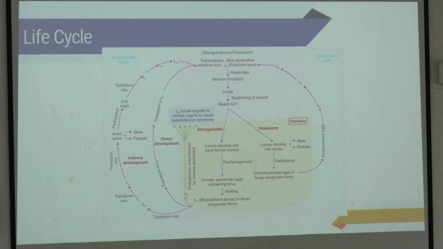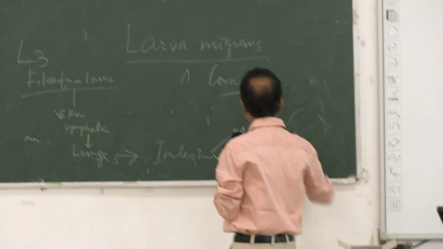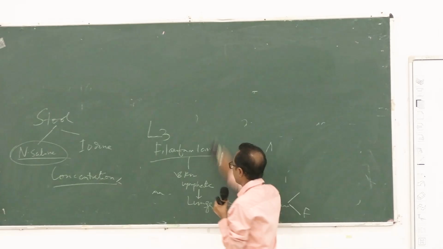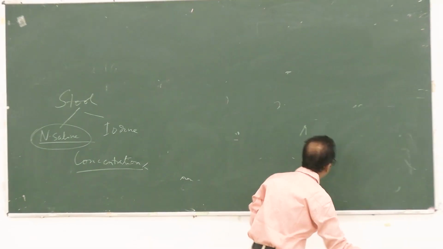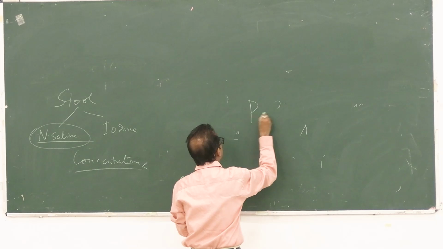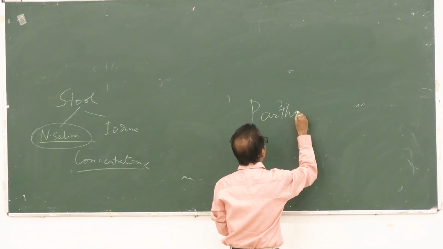Male Strongyloides is not present, then how are the eggs fertilized? In strongyloidosis, eggs are produced in the human body by parthenogenesis, that is asexual reproduction.